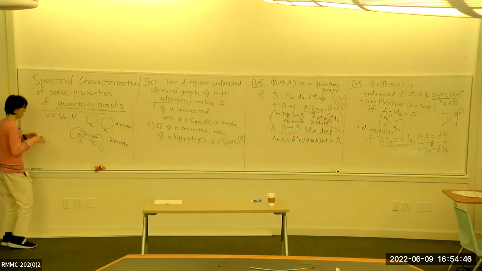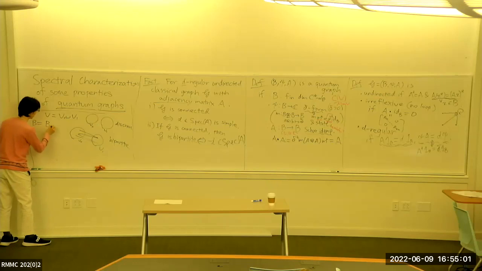So naively, we might consider defining the bipartiteness and the connectedness by using a direct sum decomposition of the function space, such that the adjacency matrix is decomposed into this form or this form.